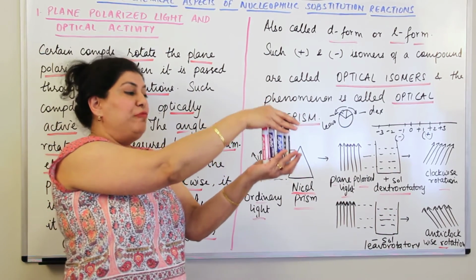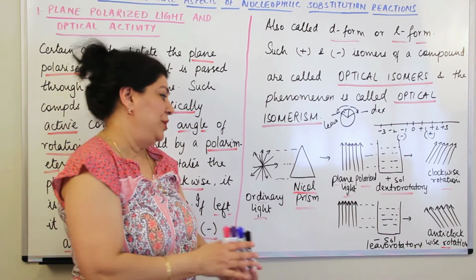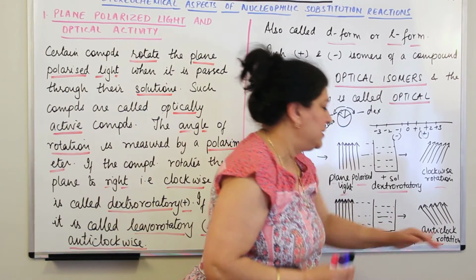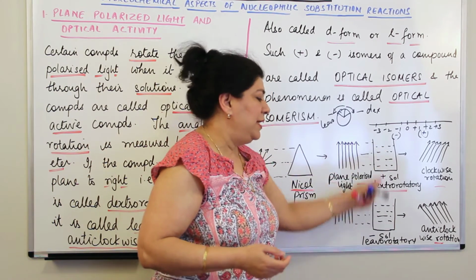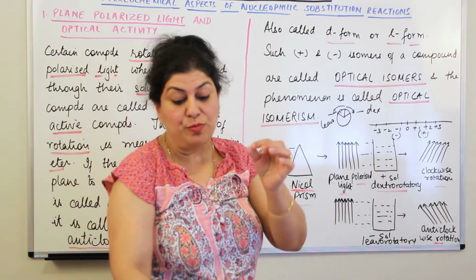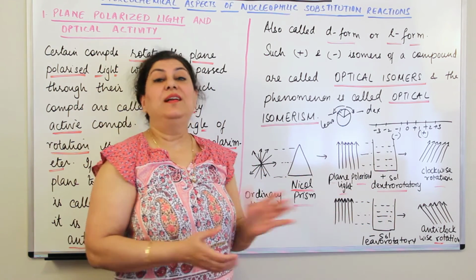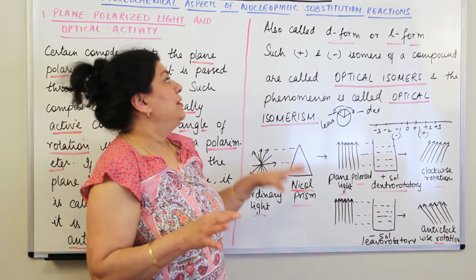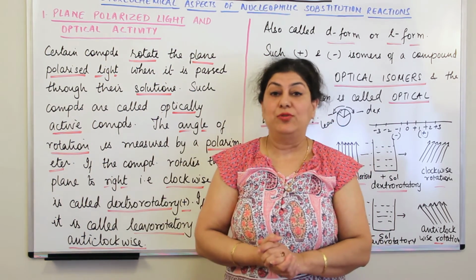Rotation takes place by the same angle in the opposite direction, and therefore in these two beakers you have isomers of the same compound, which are optical isomers. So this was the first optical or stereochemical aspect that I would like to explain.